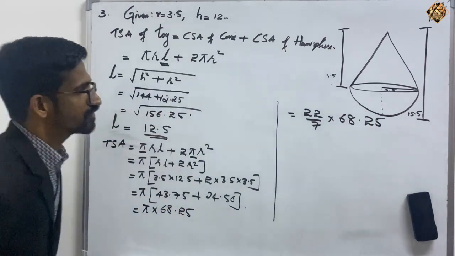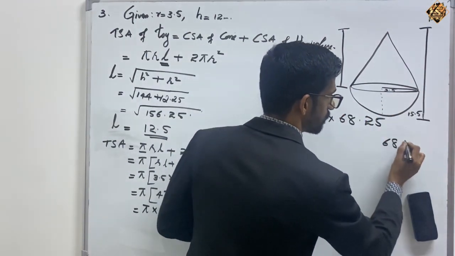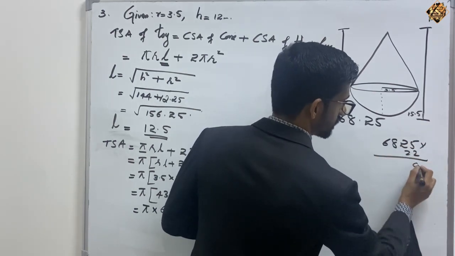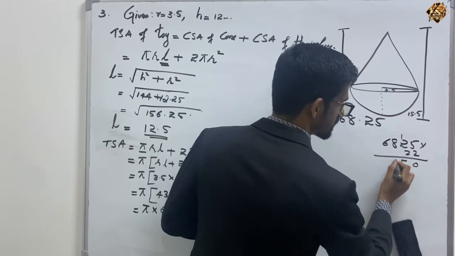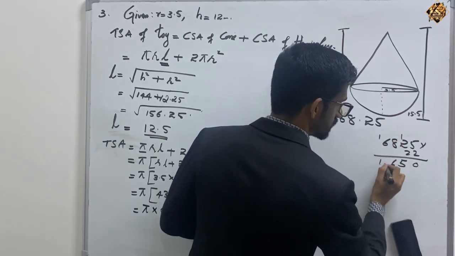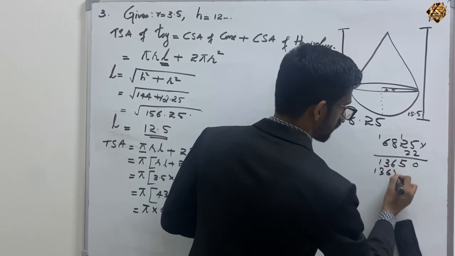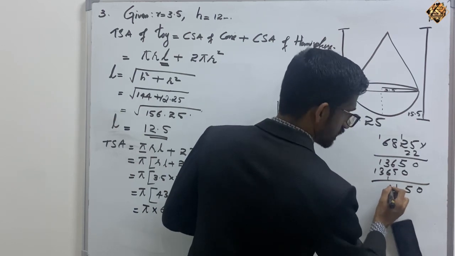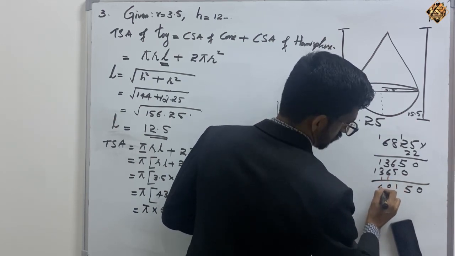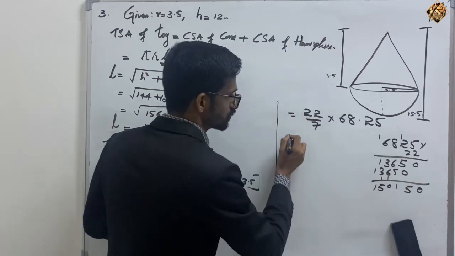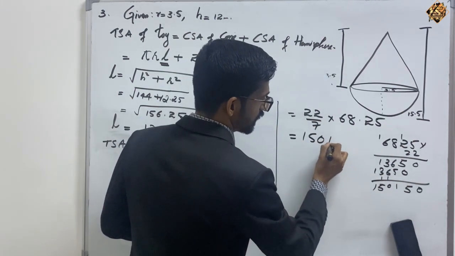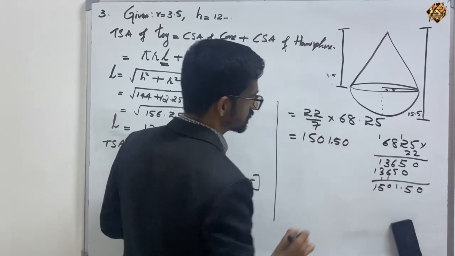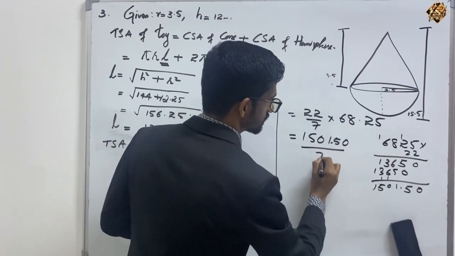So for that, we will just multiply 68.25 into 22 first, which gives 1501.50, that is 1501.50 by 7.